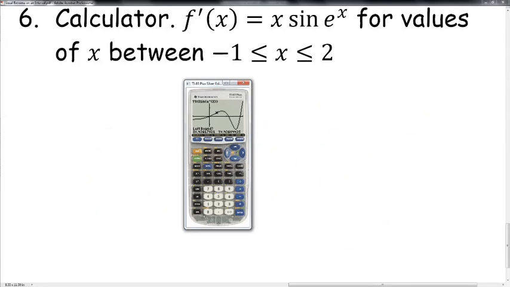Notice how my y values are positive, so if the derivative is positive, that means my function is increasing. So there's my left bound, right bound, hit enter. And so now we have 1.144. You can just truncate it. And so that's my maximum.